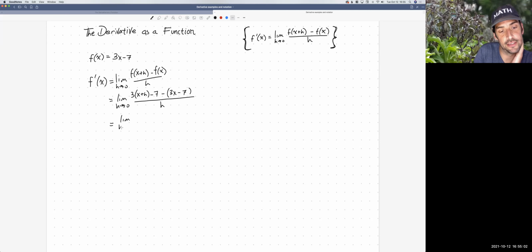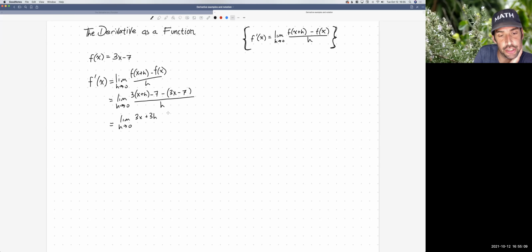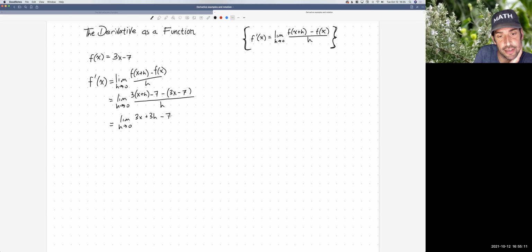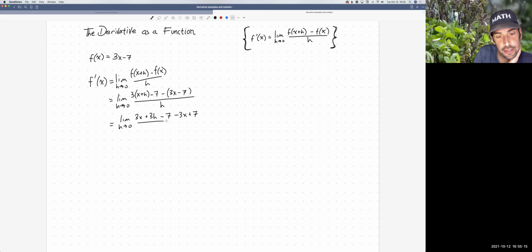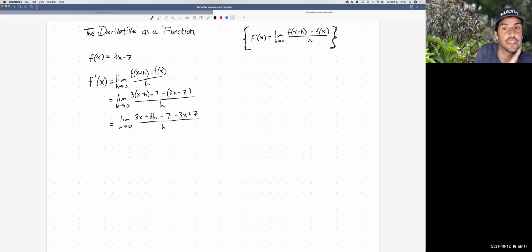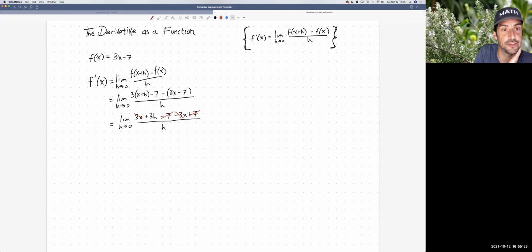I'll distribute that 3, we get 3x plus 3h minus 7. Let's distribute that negative, minus 3x plus 7, all over h. Now a whole bunch of things cancel: 3x and the negative 3x, negative 7 and 7. All of that is 0.